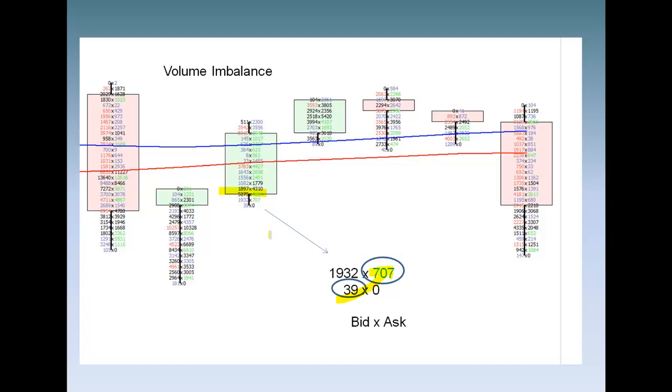So here, for instance, it really doesn't make a lot of sense to compare the 1932 to the 707, because when we look at the bid and the ask, the ask is usually up here a little bit higher, and the bid is down here below, and the proper two numbers that should be compared are the imbalance between this bid and this ask, not so much this bid and this ask.